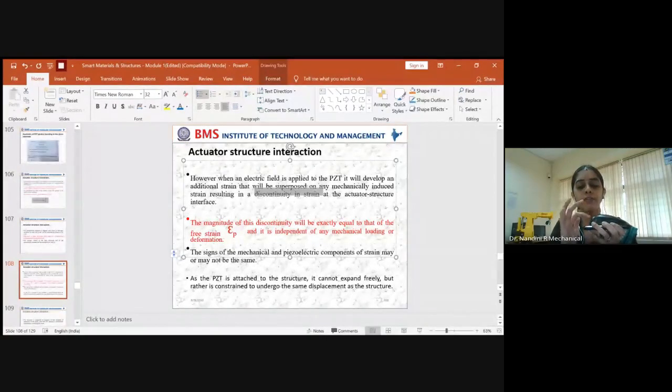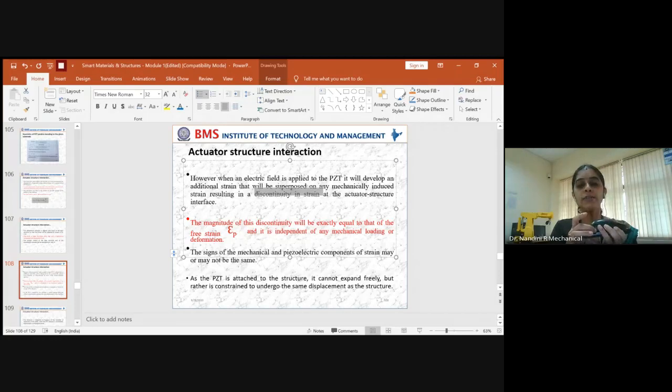This effect will help in removing the discontinuity of the strain between the structure and the piezo element. If there is no discontinuity, then you cannot bifurcate the free piezo strain and the mechanical strain. Due to the superimposed effect, there will be no strain effect in between the interface. The interface is nothing but the top surface of the substrate and the bottom surface of the actuator, where they interface with each other.